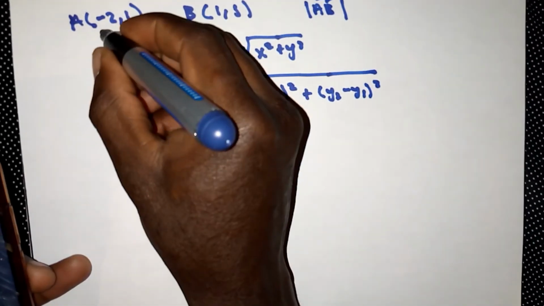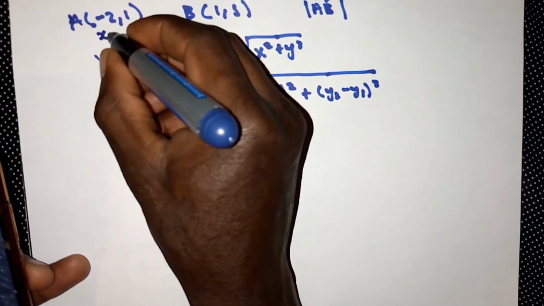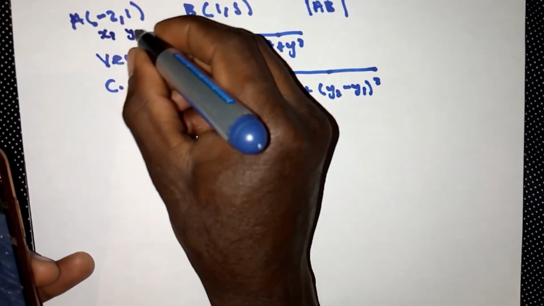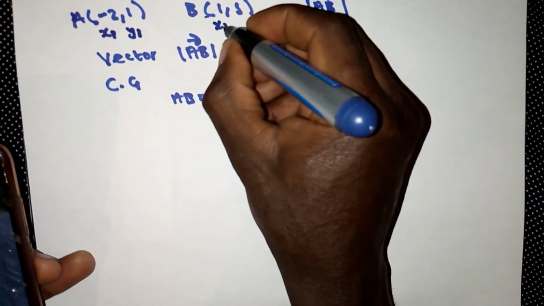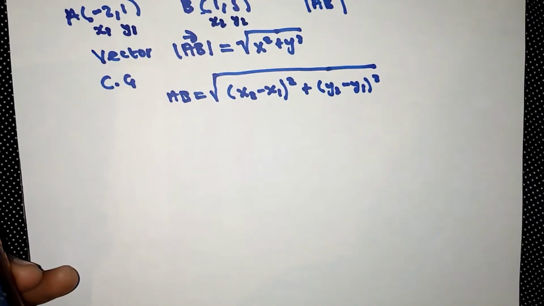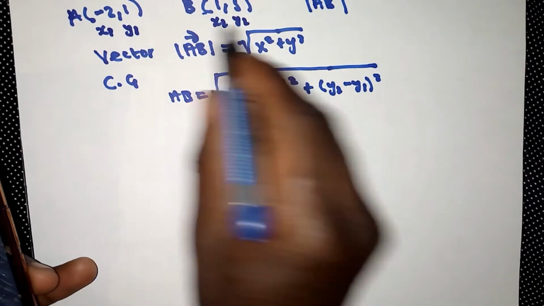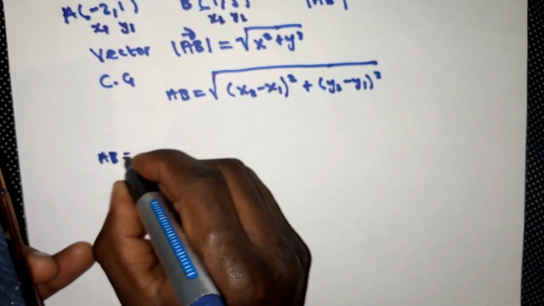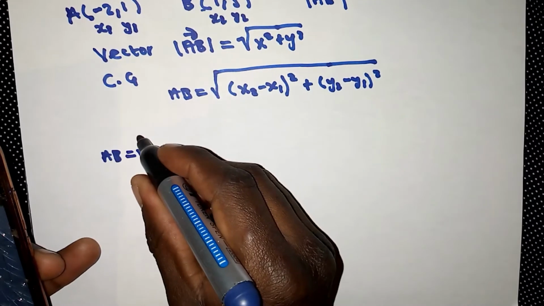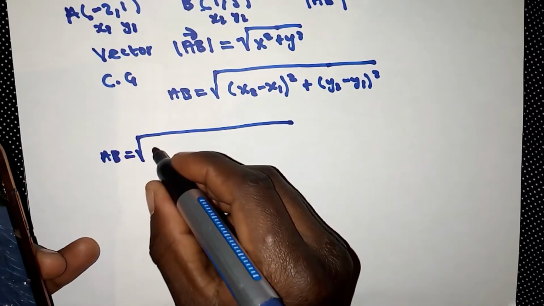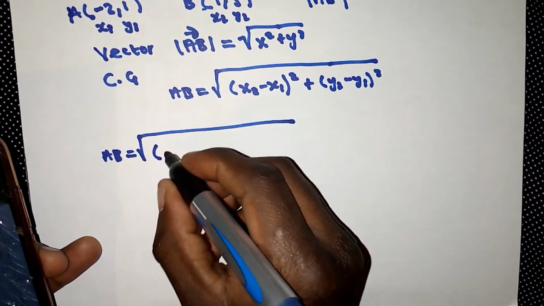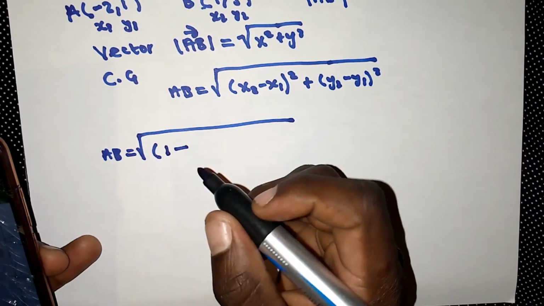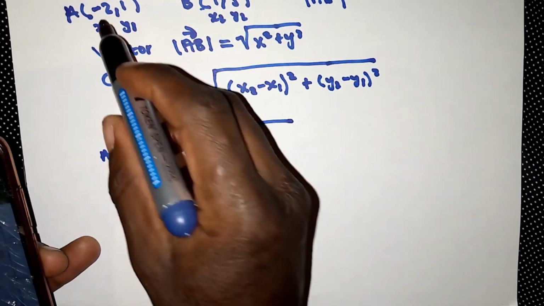So you just label, you just say x1, y1, right? Then x2, y2. After doing that, you substitute your values in this formula. You say AB is equal to the square root of, you get your x2, which is 1, minus your x1, which is -2.